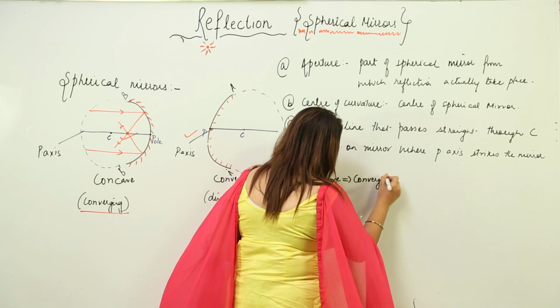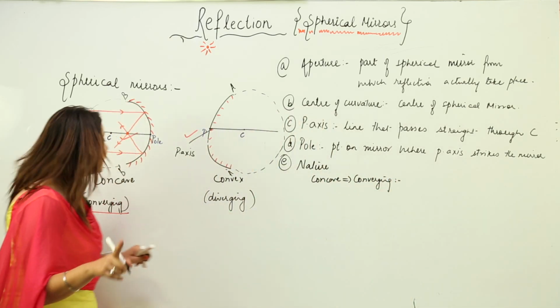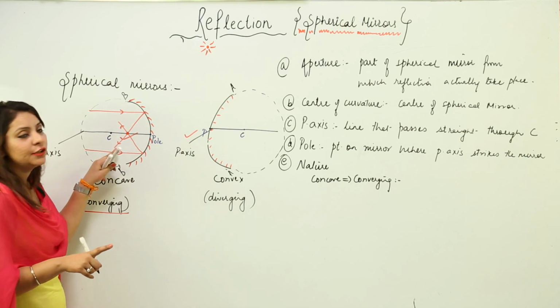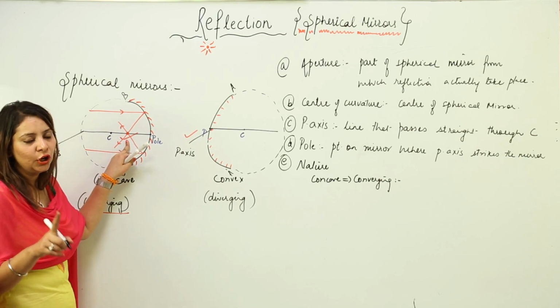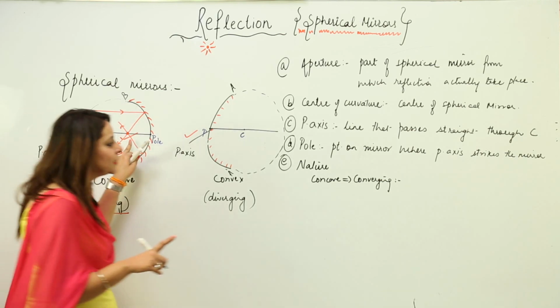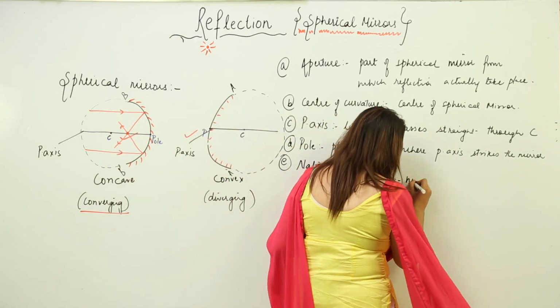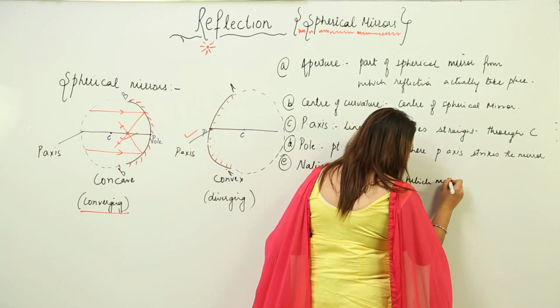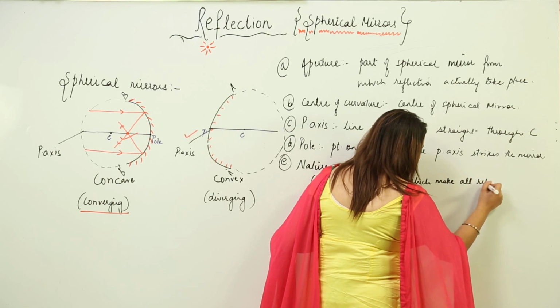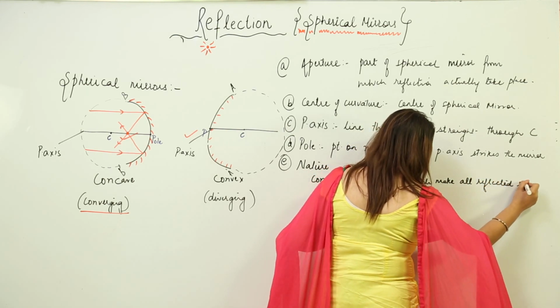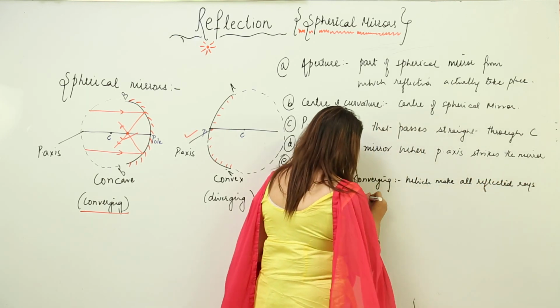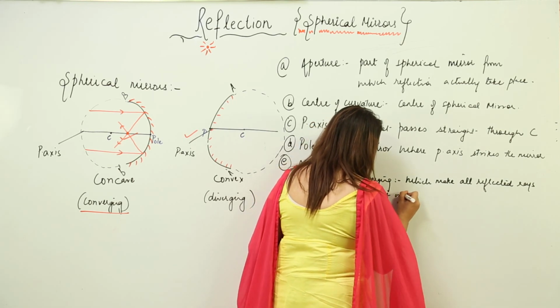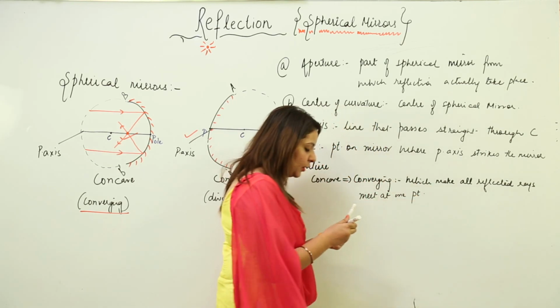A converging mirror is one which makes all the reflected rays meet at one point.